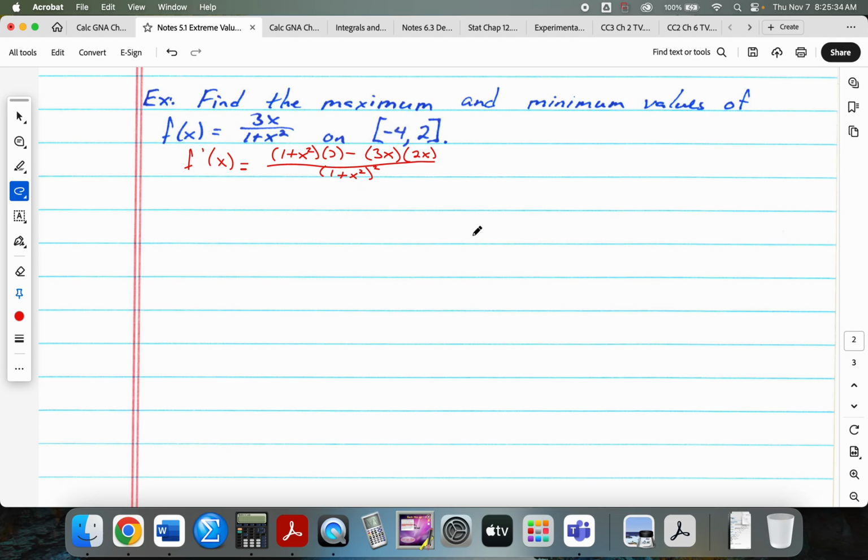Just like we've been doing, look first to see if there's a place where the derivative doesn't exist. Is there a place where the derivative doesn't exist in the real numbers? No. The derivative always exists, so we're just interested in setting the numerator equal to 0. So that's 3 plus 3x squared minus 6x squared. So we're going to have negative 3x squared plus 3.